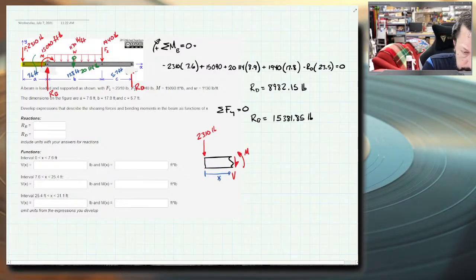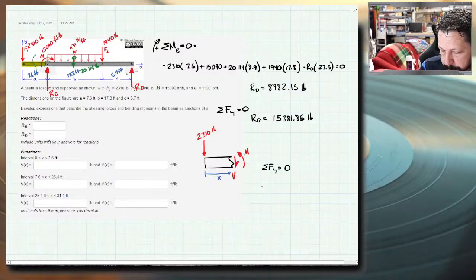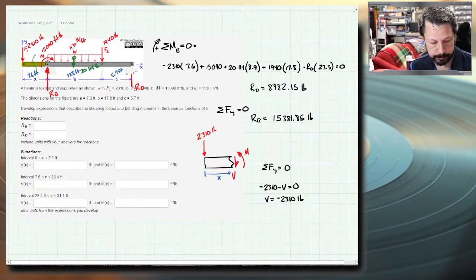So it looks like it doesn't matter at all for summation of forces in the y direction equals 0. Negative 2310 minus V equals 0. So V equals negative 2310 anywhere in the section. That's what it looks like.